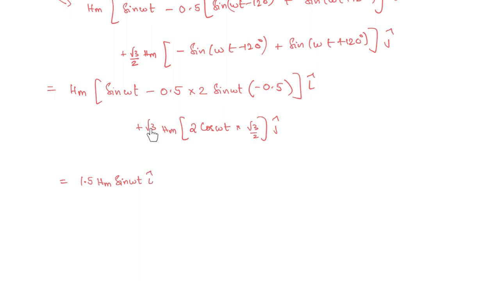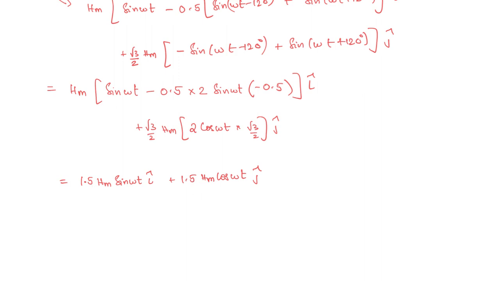Now similarly here what you're going to get? 3 by 2, that is same as 1.5. So 1.5 Hm cos omega t J cap. Now this is in terms of the horizontal and vertical components, right?